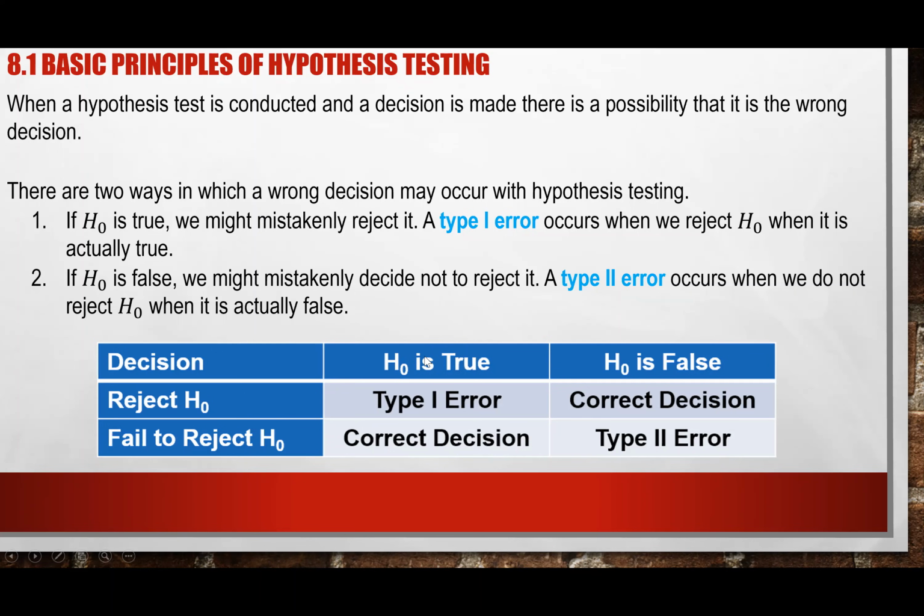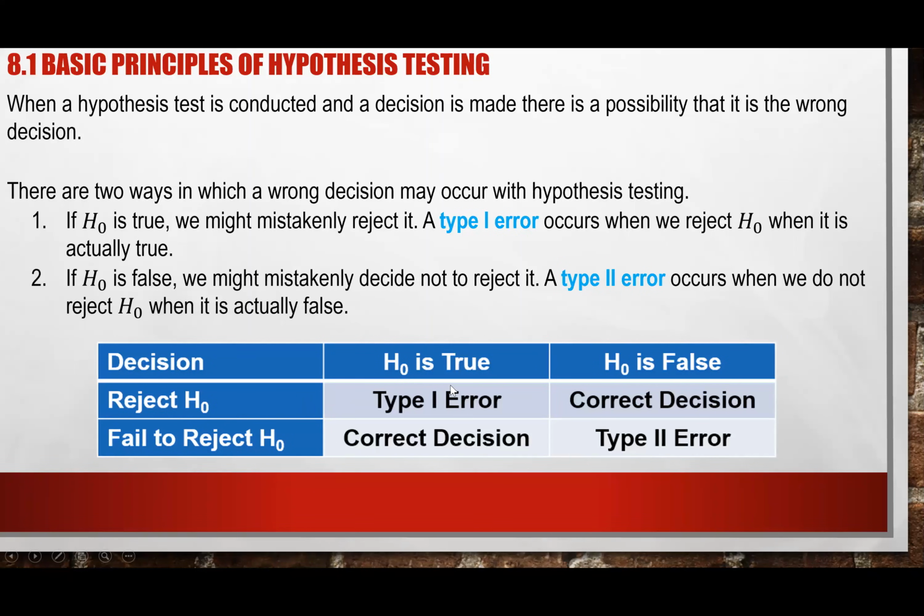Innocent until proven guilty. True, he is innocent, but you send an innocent guy to jail. We reject his innocence. We throw his innocence out. We say, you're guilty, you go to jail. So type 1 error is you send an innocent guy to jail. That's type 1: when the item is true, but you throw it out, you reject it.